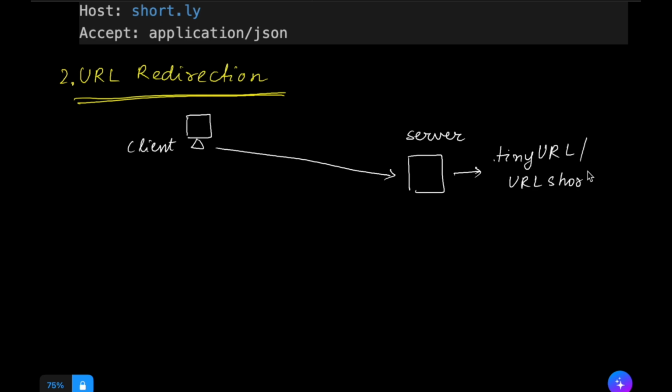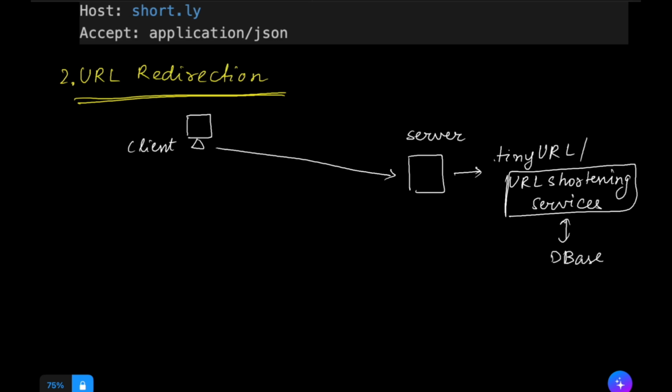TinyURL is a URL shortening service, and there are other URL shortening services as well. We click the short URL and it goes to the server hosting this URL shortening service. From the database it fetches the corresponding mapped long URL.